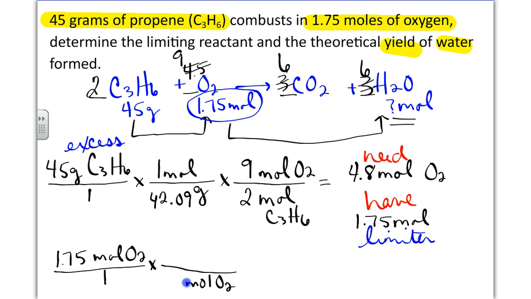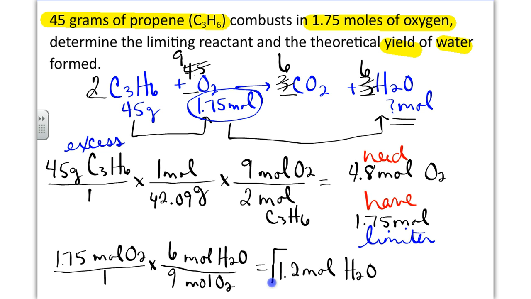Again, this is where our stoichiometry occurs, when we do the mole-to-mole ratio. So moles of oxygen to moles of water, that is a 9 to 6 ratio. 9 to 6, and then we'll stop right here to get our answer. We end up with 1.2 moles of water. You could also convert that to grams, and that would also be considered an acceptable answer.